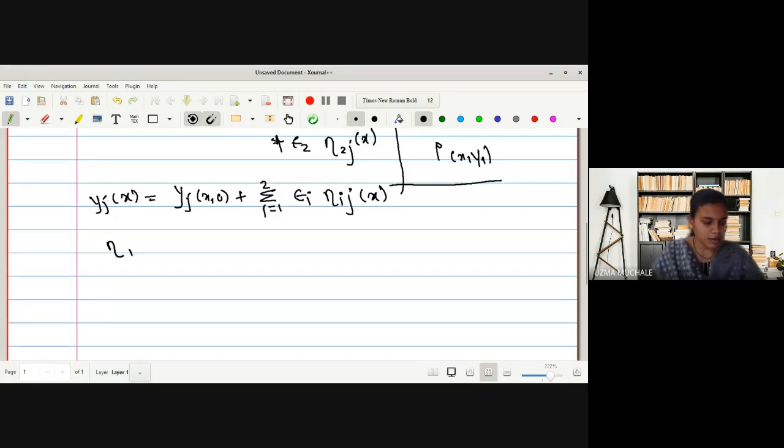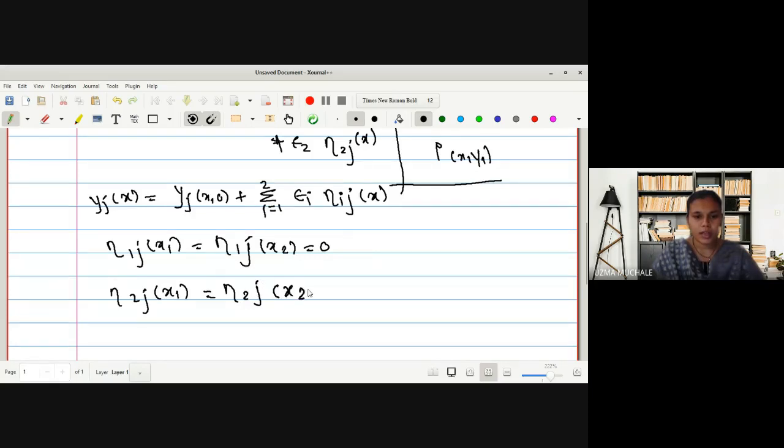Whether eta 1j of x1 will be equal to 0, eta 1j of x2 equal to 0, and similarly we have to work for eta 2j of x1 and eta 2j of x2 equal to 0. Why? What do these conditions ensure?